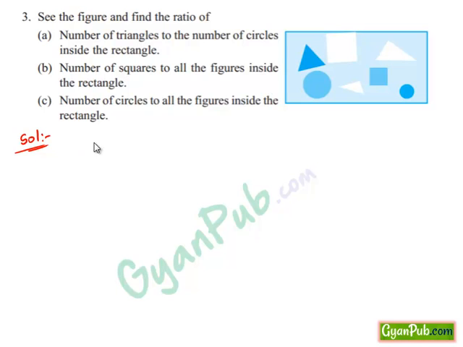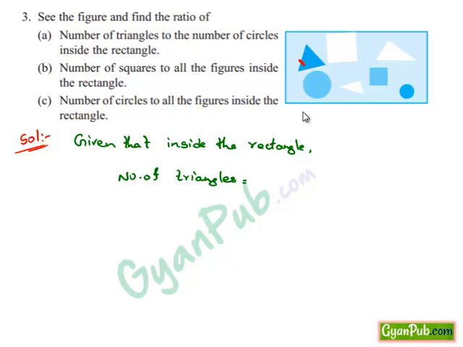First, write down the given data, that is, given that inside the rectangle, number of triangles is equal to 3, and number of squares is equal to 2, and number of circles is equal to 2.